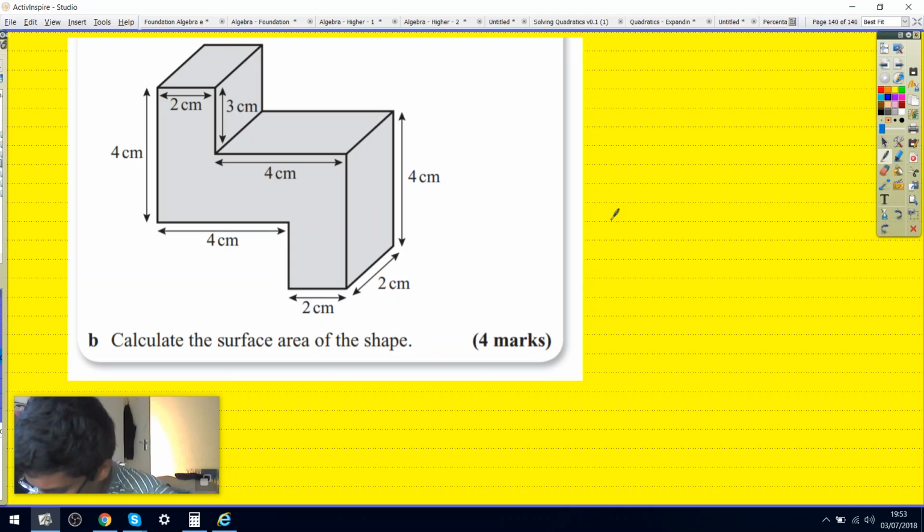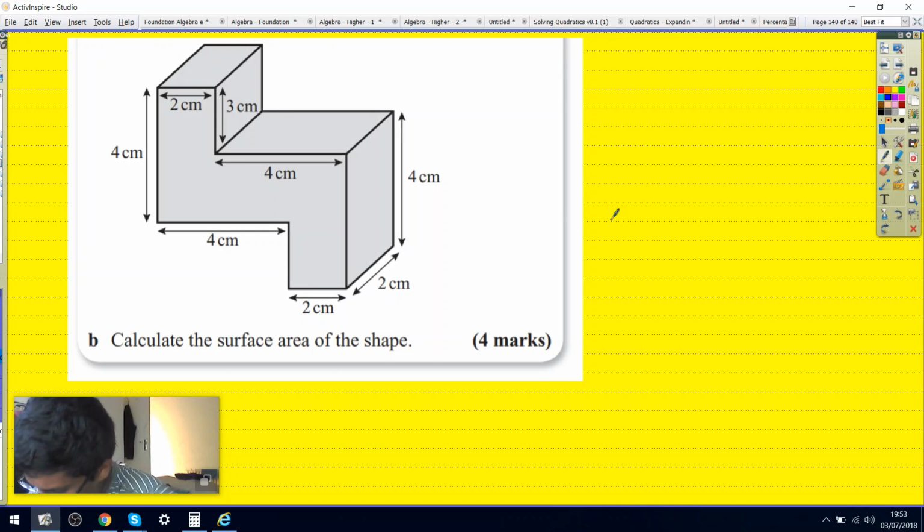And then we have to add all the other ones. That would be 2 times 2, 4, and that's for the top of the shape.